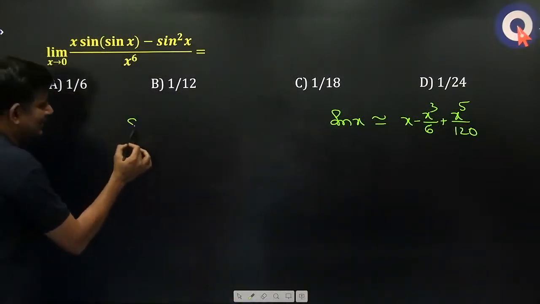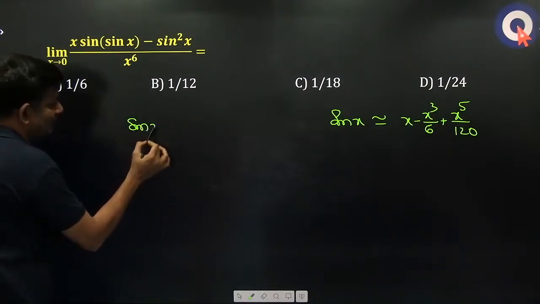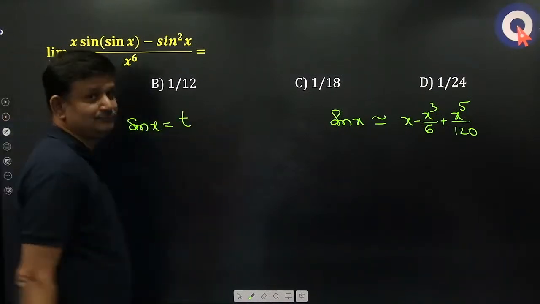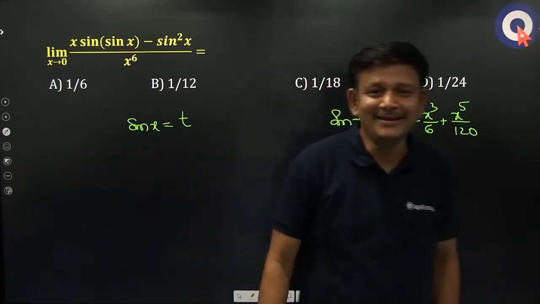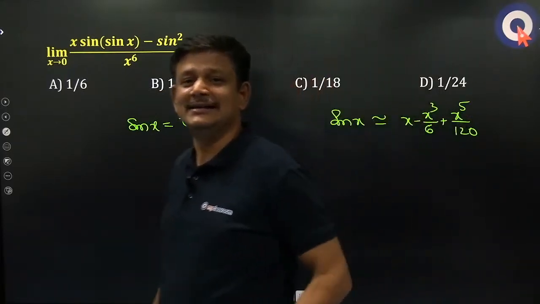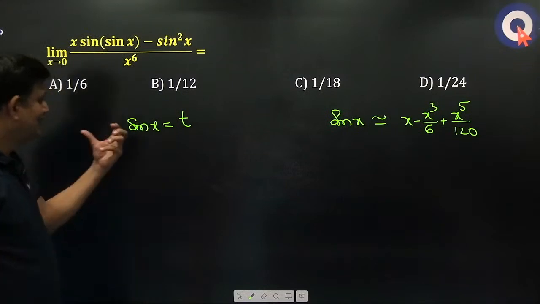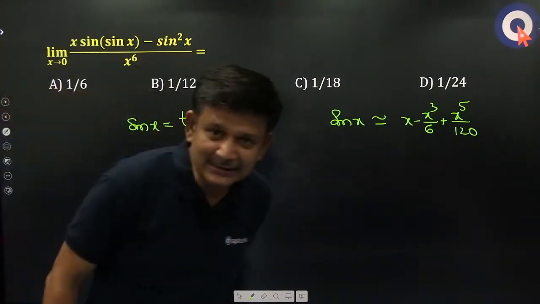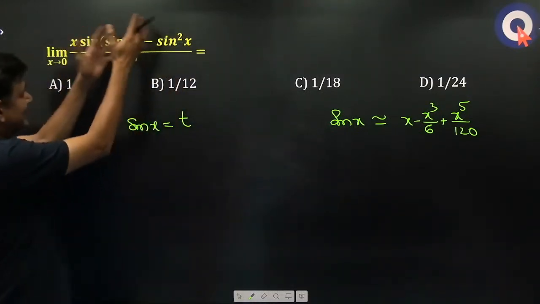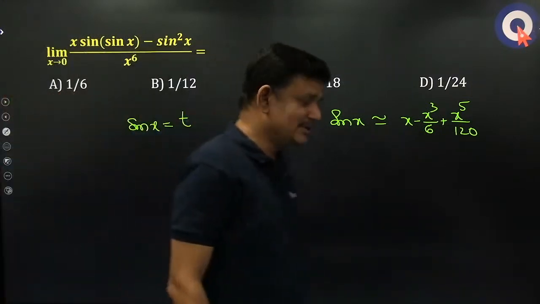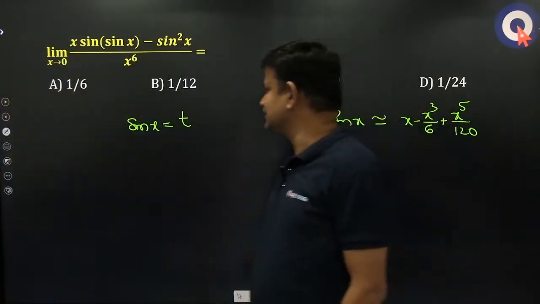By taking sin x as some t. Wherever you find discomfort in your indefinite integration, you substitute that is equal to t. Same discomfort I am finding here with sin x. So I will go for a substitution, sin x is equal to t.